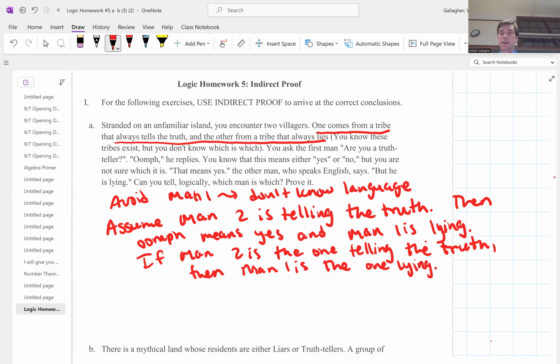And if you read those two statements carefully, they actually say the exact same thing. And that's okay. It just means that we didn't get a contradiction.